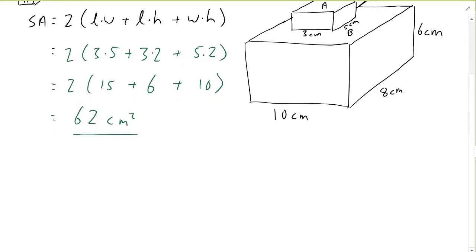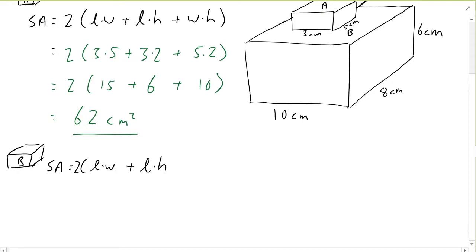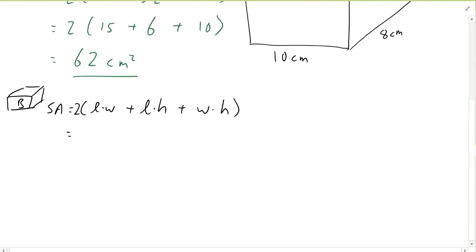Let's go ahead and calculate the area of the larger rectangular prism. So rectangular prism B. Again, we can use the formula. So the surface area is just 2 times the length times the width plus the length times the height plus the width times the height. And let's plug in our numbers.